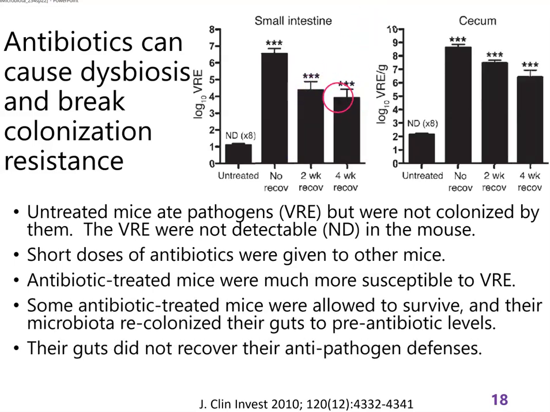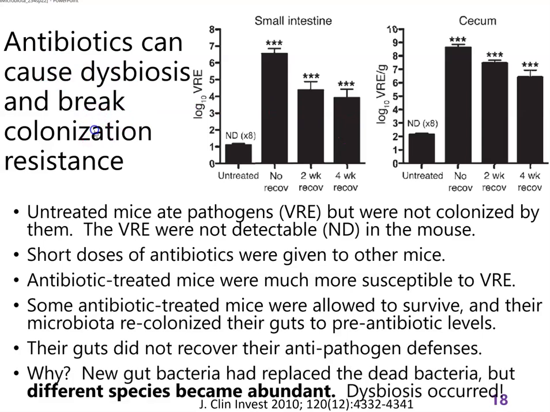This is what they found. Even a month later, and that's a long time for a mouse, the mice did not regain their powerful colonization resistance. So their microbiota, when it grew back, was altered in a way that was not protective. So the antibiotics caused dysbiosis, and they broke colonization resistance.